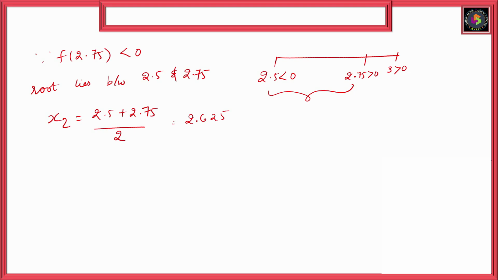So x2 is 2.625. Again we will find f of 2.625. If we solve the value, we get −1.6621, which is less than 0.